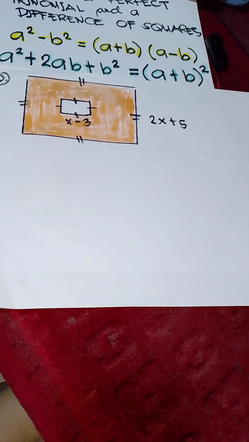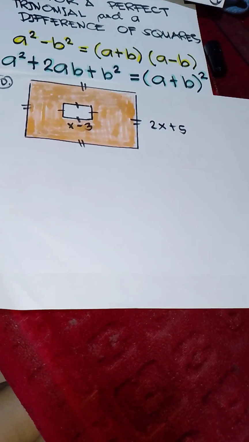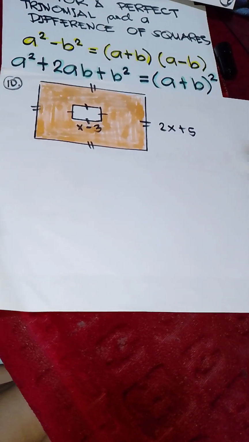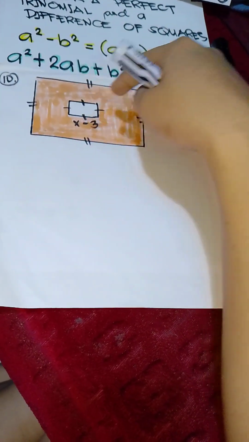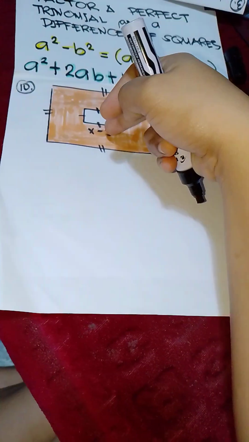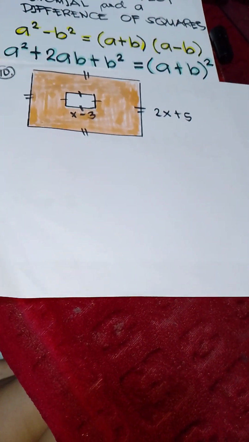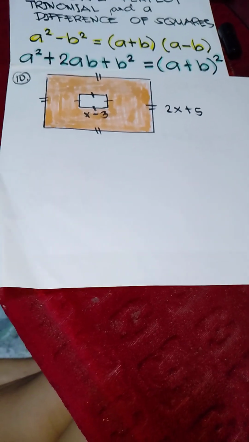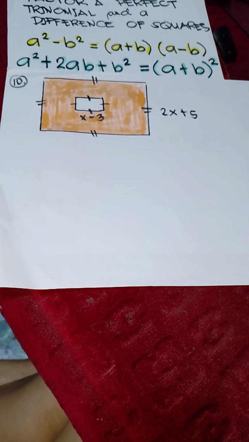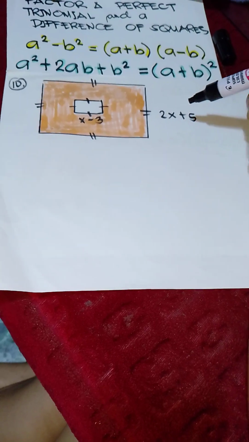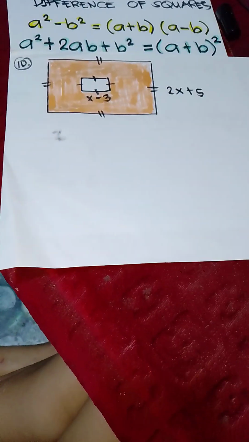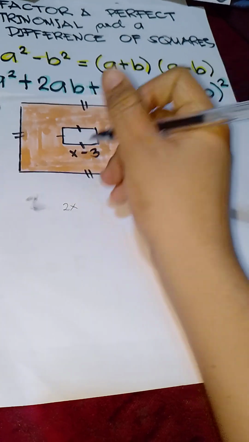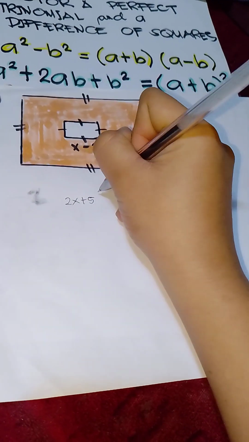So as you observe, the middle part is not shaded. So all we have to do is to get the area of the big square, and then subtract the area of the square x minus 3. So in getting the area of a square, the formula is side squared, or 2x plus 5 squared. So we have 2x plus 5 squared.